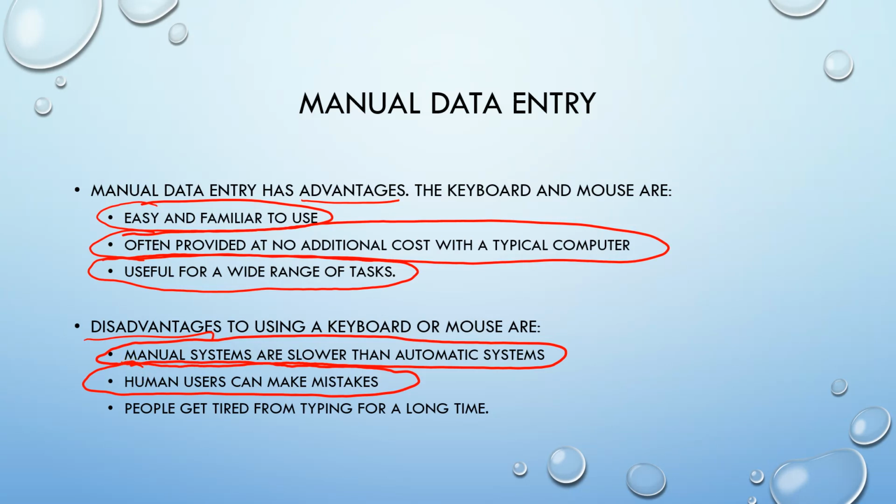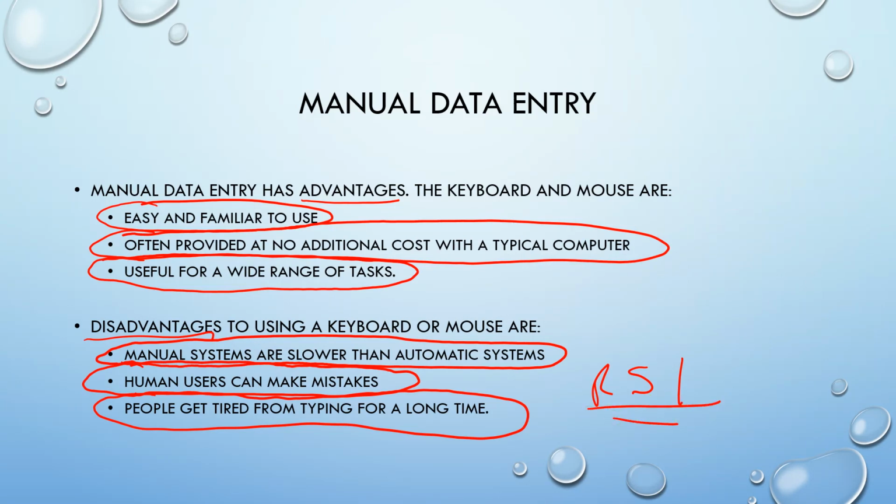Right? And number three, people can get tired of typing. You can get medical conditions like repetitive strain injury in your wrists from typing too much or using a mouse too much, and it can be very, very painful. Okay, so there are disadvantages of using such simple devices. You do need to have a rest.